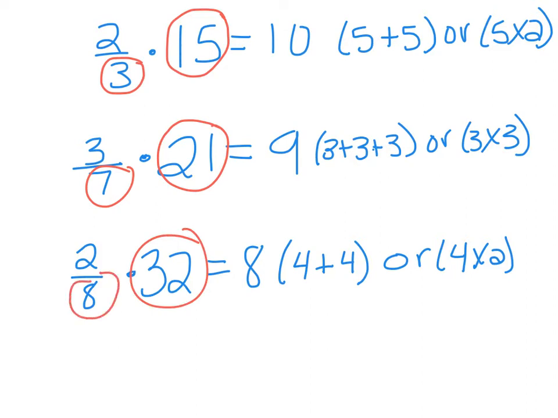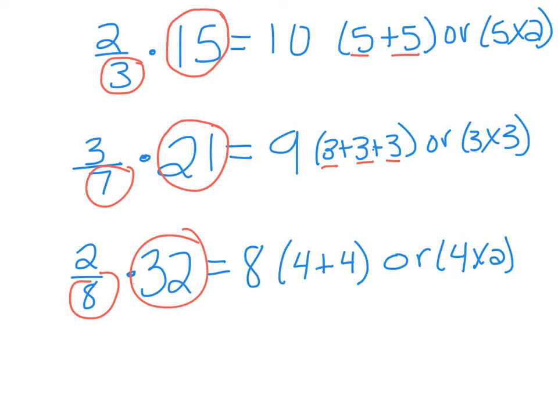So 15 could be evenly divided by 3. We get 5, so 1/3 was 5, and the other third was 5 more. When we divide 21 by 7, we find out that 1/7 was 3, so 3/7 made 9.